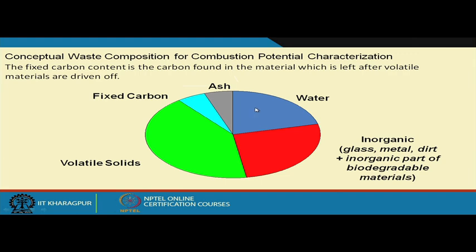Combustion is an oxidation process. So when we talk about waste incineration, we are essentially talking about burning of garbage in the presence of oxygen. If you remember from your high school or even before that, we had a concept of the fire triangle.